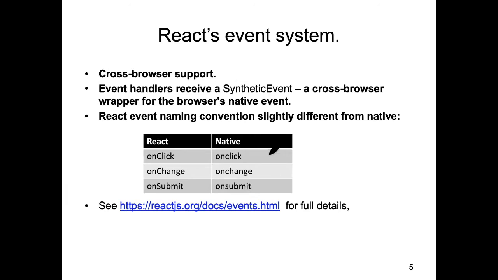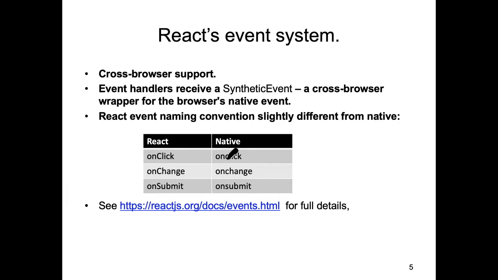The other thing I'm highlighting in this slide is that the names of the various native events in browsers have been slightly changed when you use them in the context of React. So you've got the native onclick and onchange, which are spelt all lowercase, as you can see, whereas React uses camel case for its event naming convention.